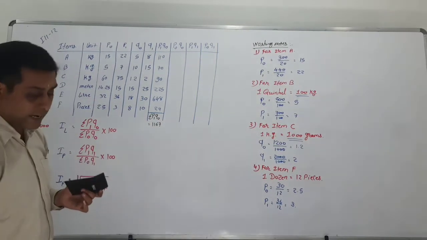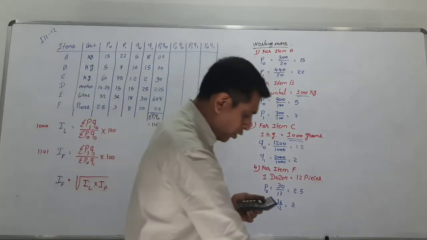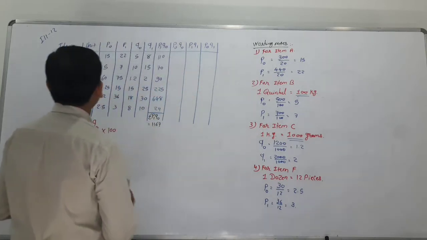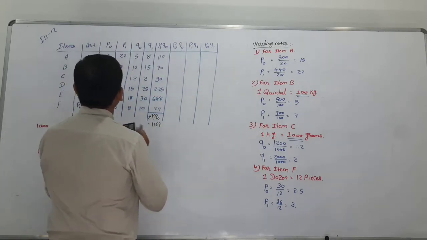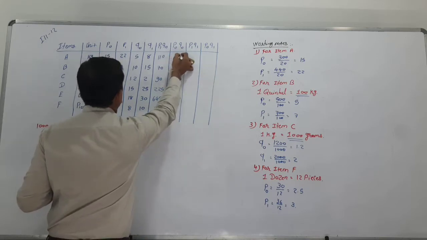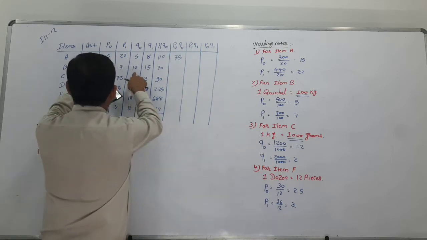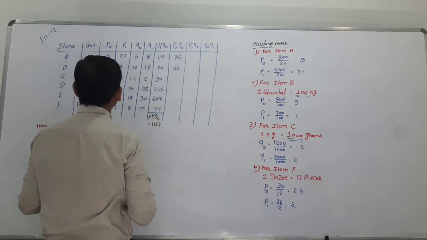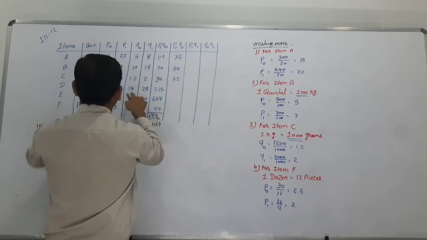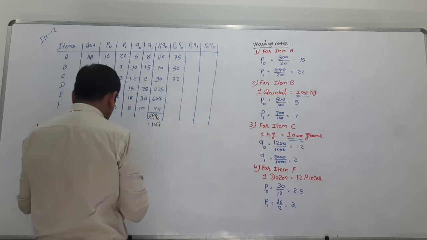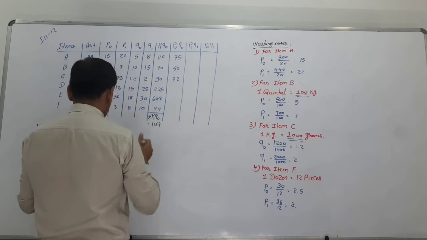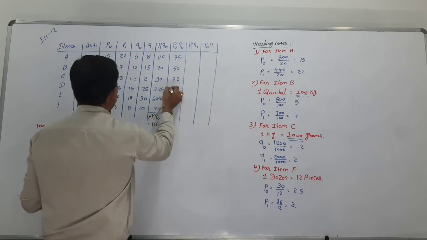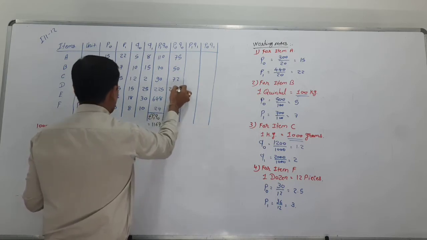Okay. Now the second multiplication, that is P0 Q0. 15 into 5, 75. Then 5 into 10, 50. Then 1.2 into 6, 72. Then 15 into 14.25, 213.75.